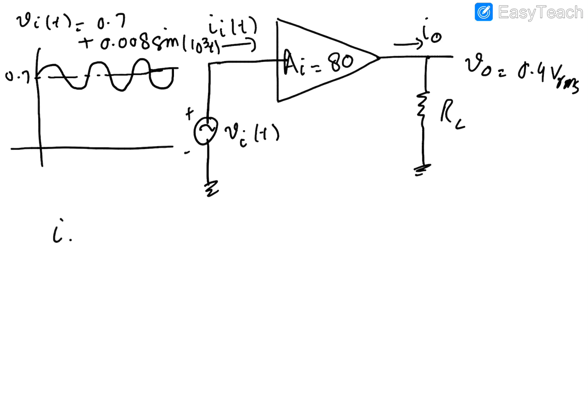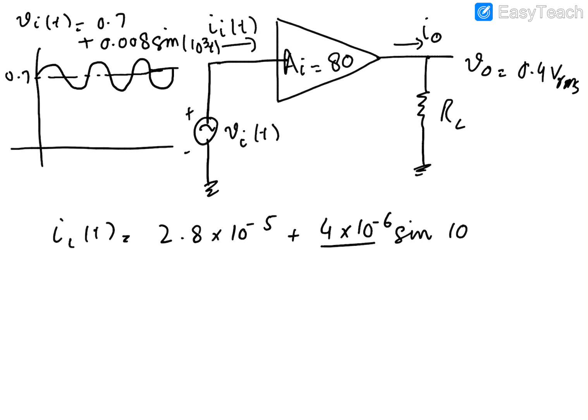And the input current has DC bias value of 2.8 into 10 raised to power minus 5, and the AC current value is 4 into 10 raised to power minus 6. This is peak value, IP, into sine of 10 raised to power 3t amperes.